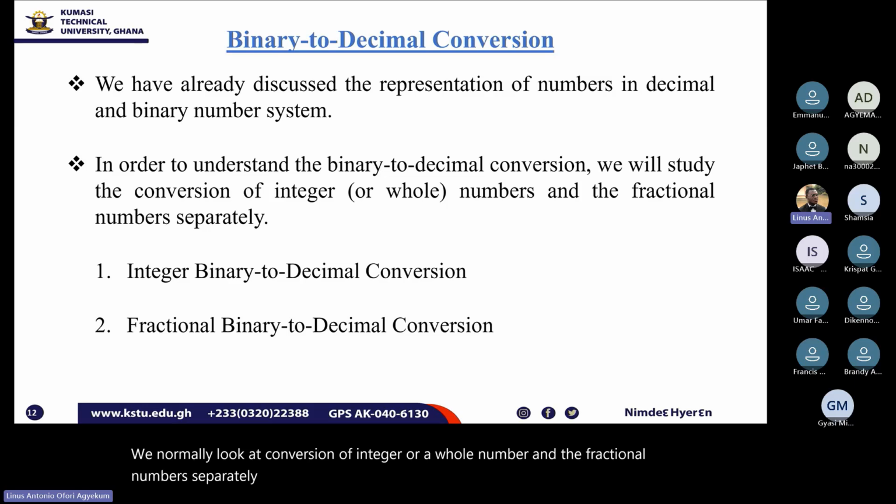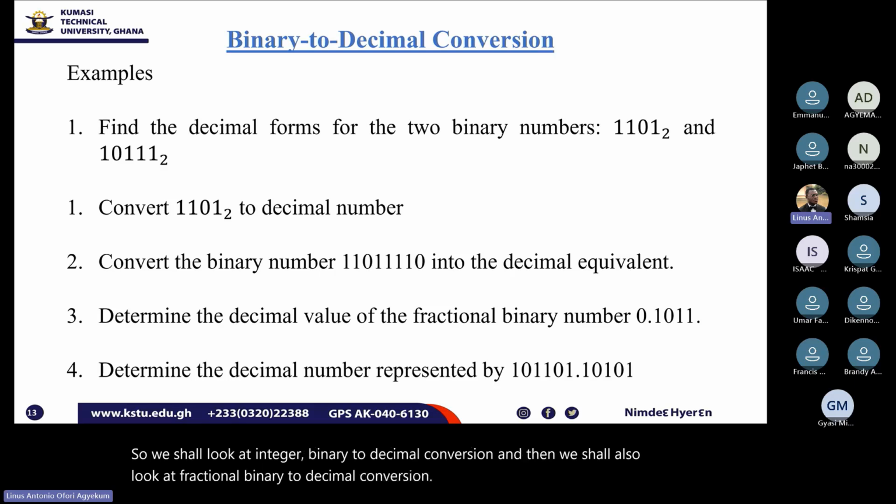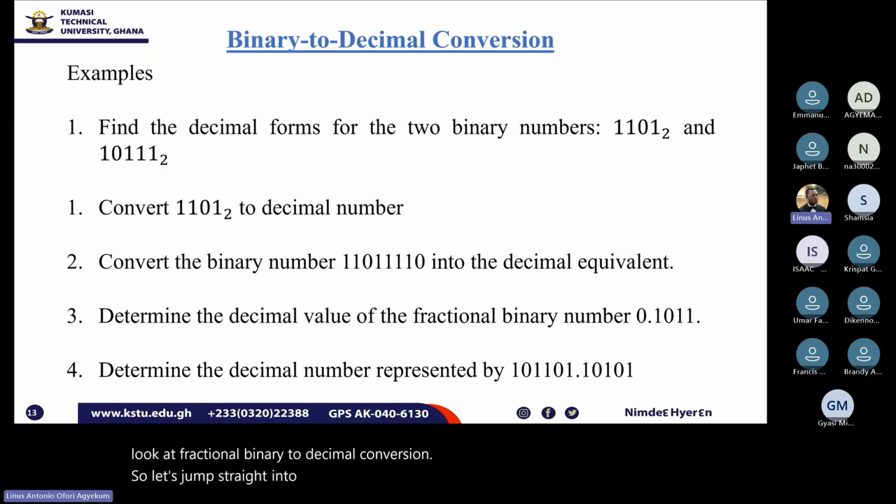So we would have two ways of doing this conversion. So we shall look at integer binary to decimal conversion, and then we shall also look at fractional binary to decimal conversion. So let's jump straight into it and then see how we can do this conversion.